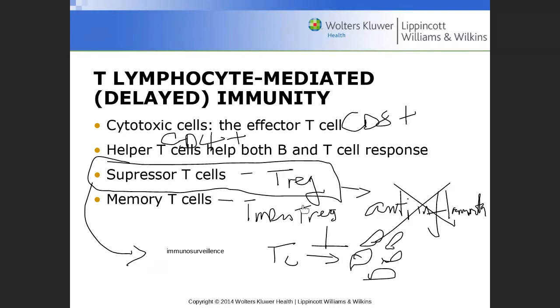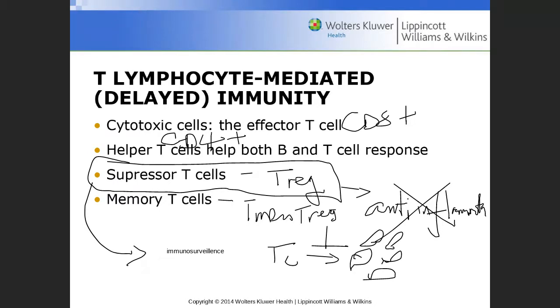So what happens if you have a dysfunctional regulatory T cell? These cytotoxic T cells can start attacking these cells. So this is one of the 4 conditions that could lead to autoimmune disease.